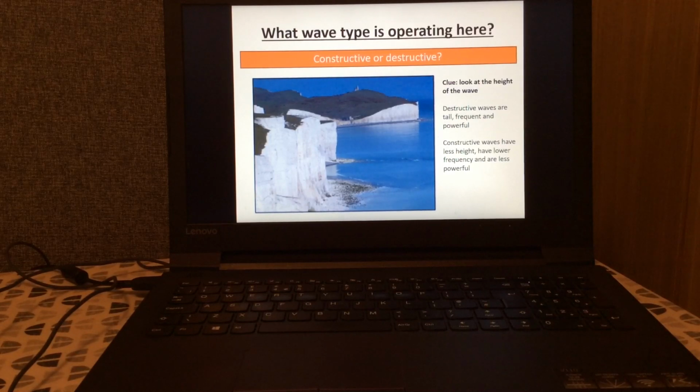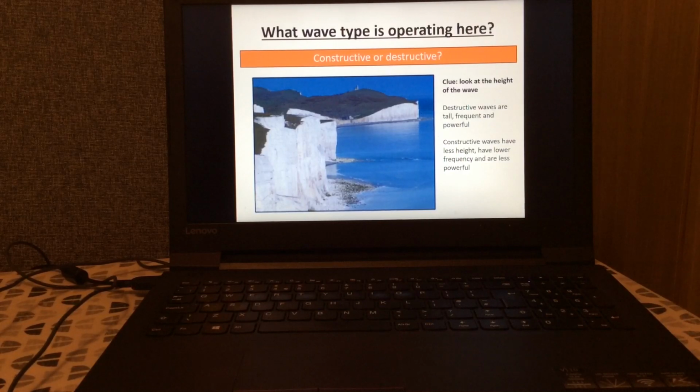That's going to give you a big clue about whether they are destructive or constructive waves. On the Word document or the PDF document that's attached to this lesson, there's a task for you to do. Task 1 on that Word document, okay, is a task to do in relation to that photo. So go and have a go at that now. Pause this video and then come back.